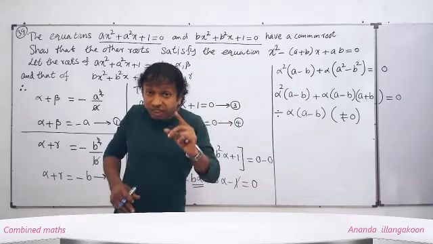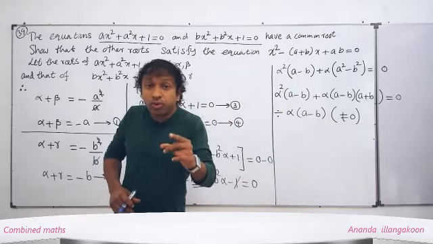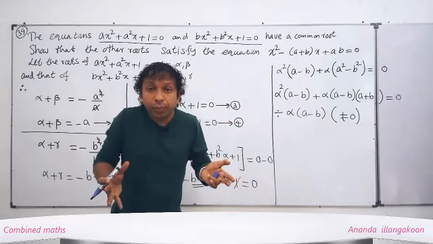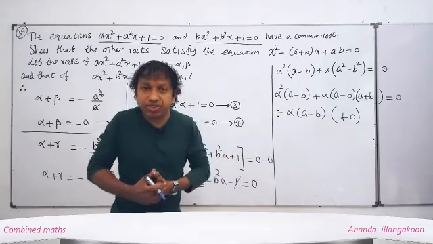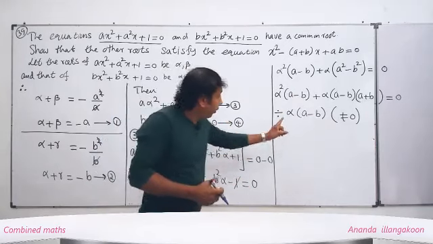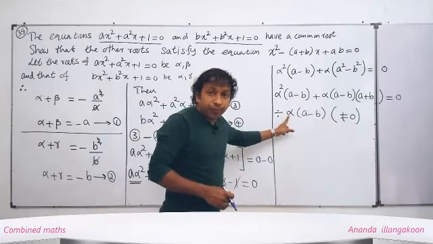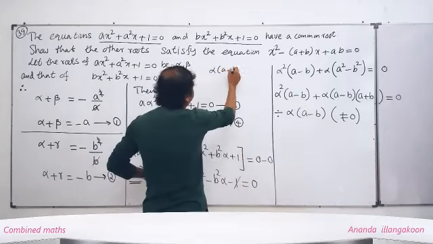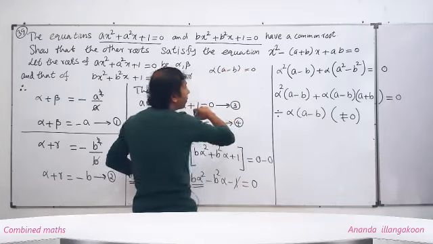Furthermore, you should be able to explain that it is really not equal to 0. This way you can explain in this question. How? Suppose this alpha times A minus B is 0.